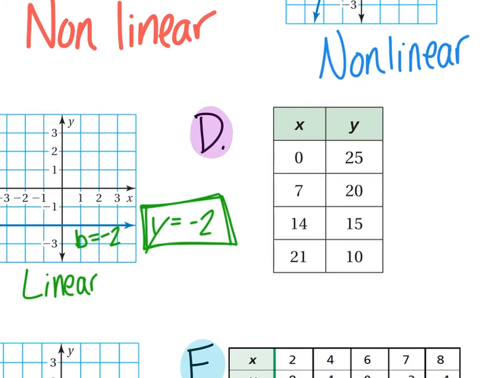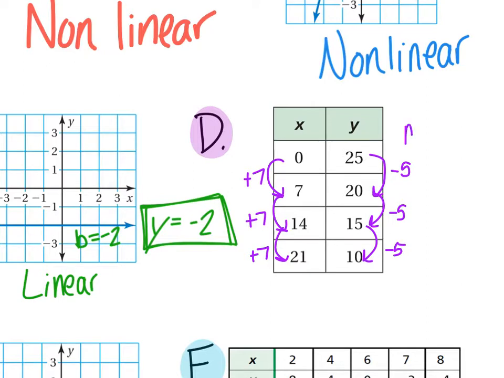And then for example D, we need to check by showing work. It's not rising, it's actually going down 5, so it's sinking 5 and running 7. And it's sinking another 5 and running 7. And it's sinking another 5 and running 7. So this is linear.